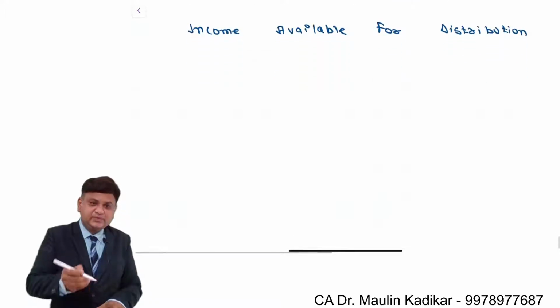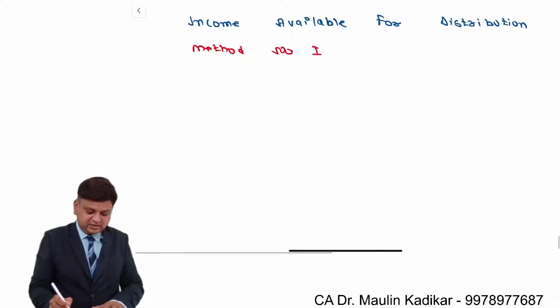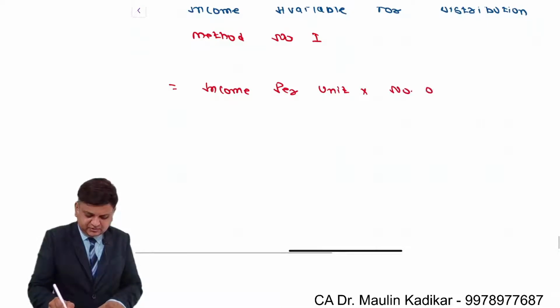Dear students, as per the explanation given by me, it can be calculated by two methods. Method number 1: income per unit multiplied by number of units.